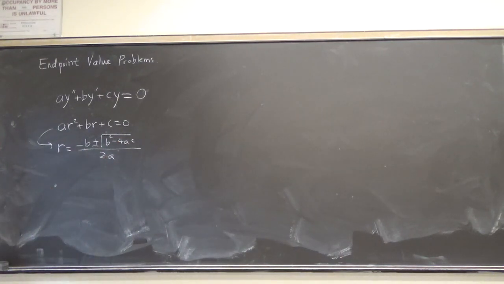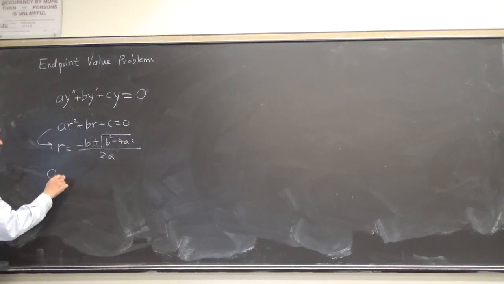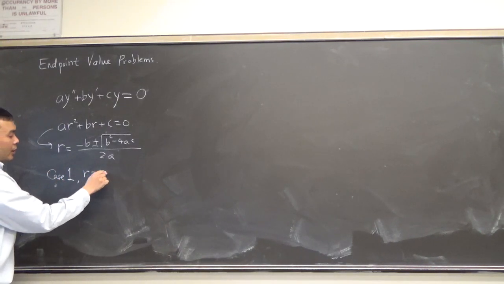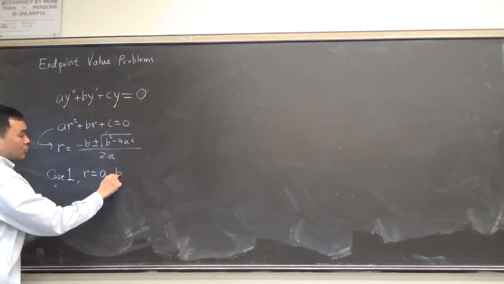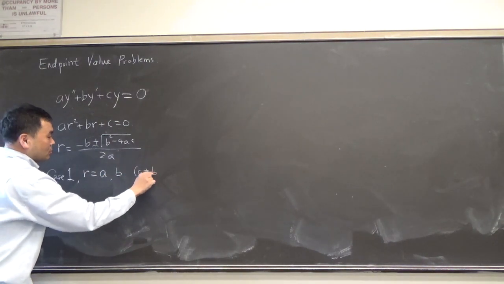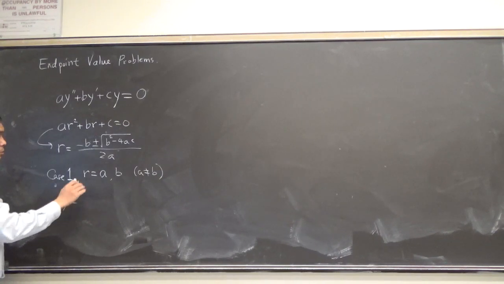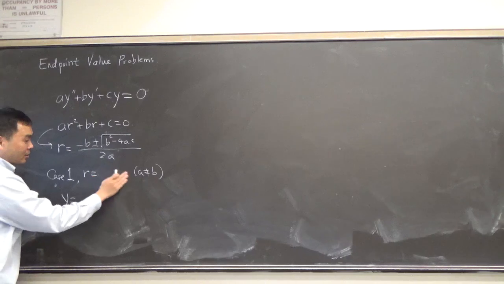And there are three cases, right? Case one, when r is a or b, where a and b are not equal, what solution satisfies this? In general, it's y equals... oh, I shouldn't be using a and b because I already have them here.